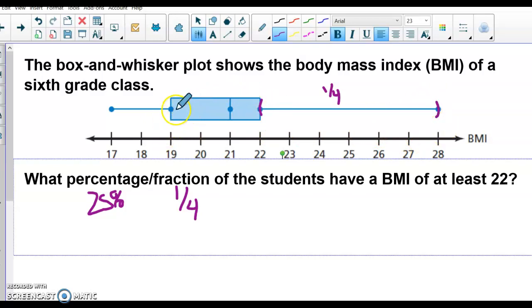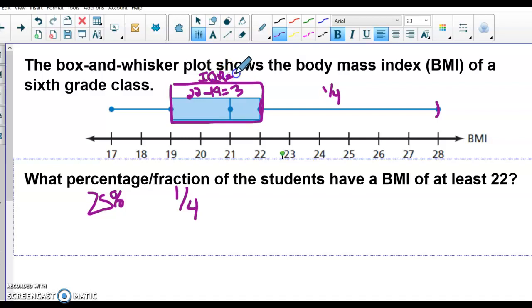Another thing is, if you look, this box considers 50% of your data. So that means 50% of your data is within 3 values, 19 and 22. So let's just find the range of your box, which is called the interquartile range. 22 minus 19 is 3. So your IQR, your interquartile range, is 3.